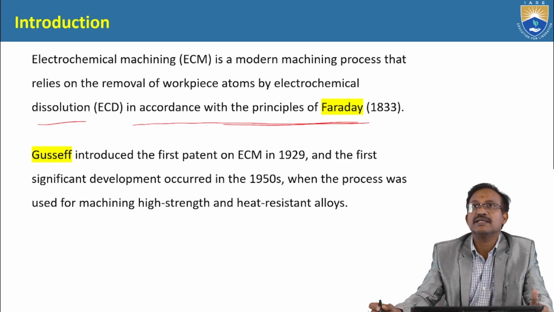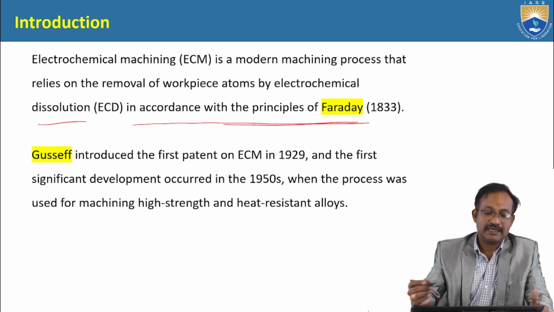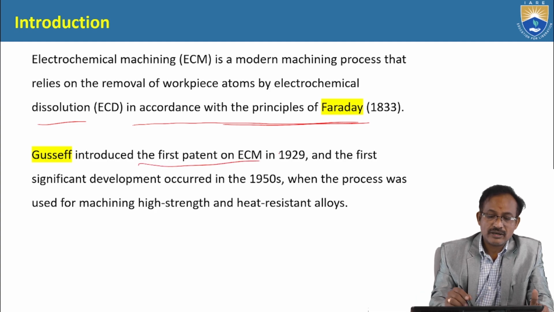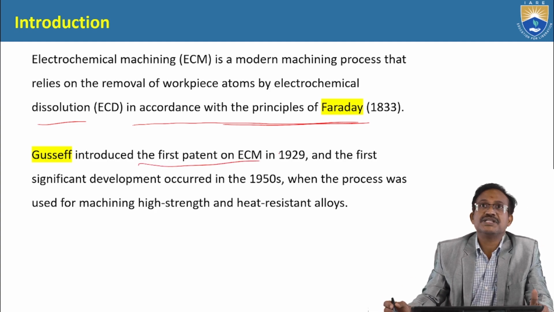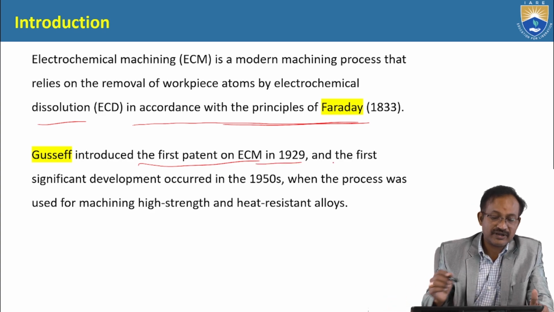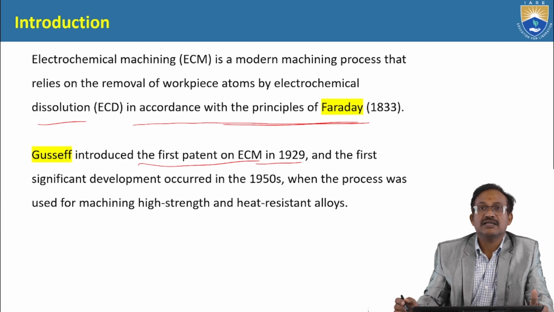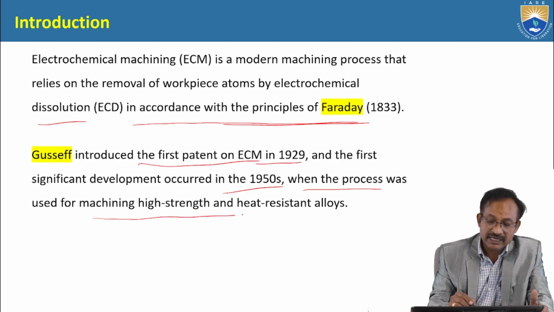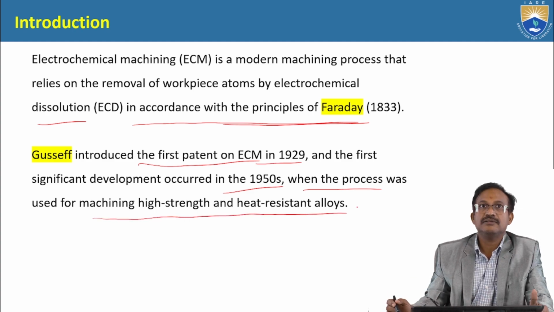Next, Gusev introduced the first patent on electrochemical machining in 1929, and the first significant development occurred in the 1950s when the process was used for machining high strength and heat resistant alloys.